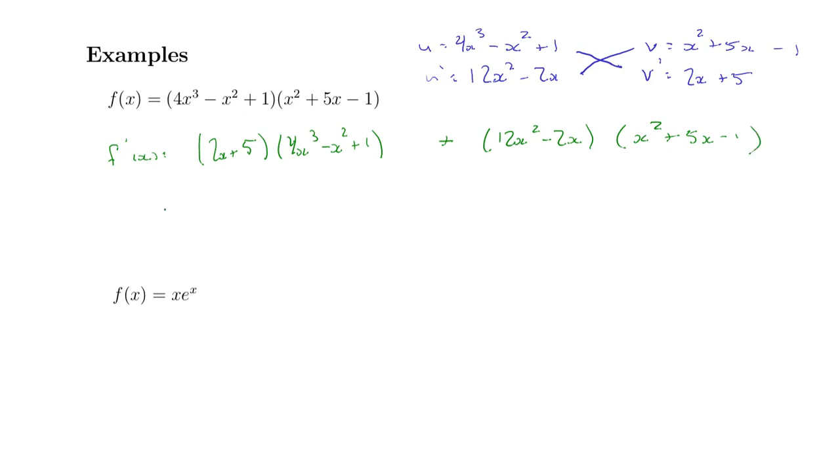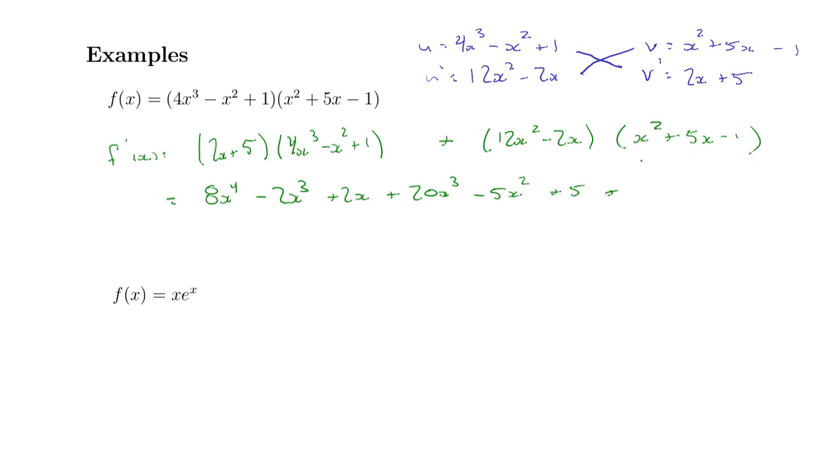And now there's just a bunch of multiplication that we'll do. So there's a lot of algebra here. So we've got 8x to the 4 minus 2x cubed plus 2x. That's 2x multiplied by all this stuff. Now I'll multiply 5. That's going to be 20x cubed minus 5x squared plus 5.